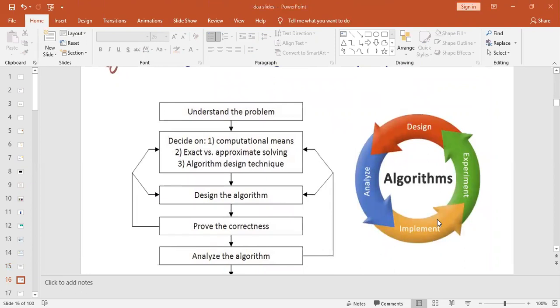So can you tell, which are the two criteria for the input? I have gone through the criteria for the algorithm, right? So one is input, output, next definite, finite, correct and effective. So which are the two criteria for input?